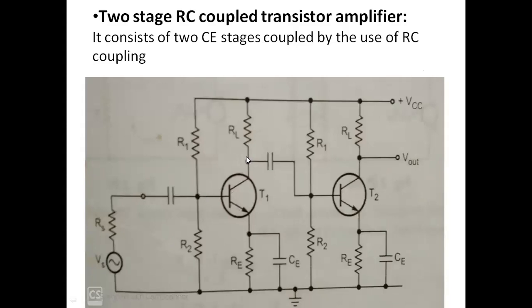Here in place of transistor we are placing the H parameter equivalent model. Here we are taking collector as the output terminal, base as the input terminal. At the collector we have only load resistance RL. Whenever you are drawing an equivalent circuit, the capacitors become short circuit. So that means this capacitor becomes short circuited, and at the collector we have RL only.